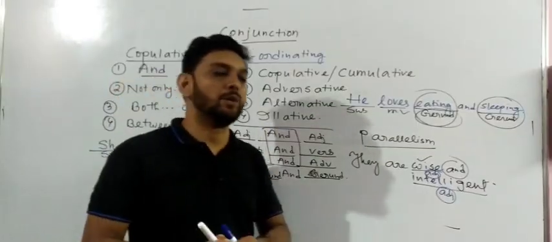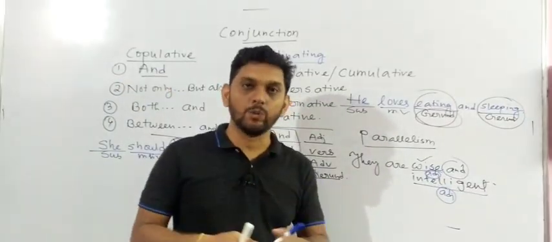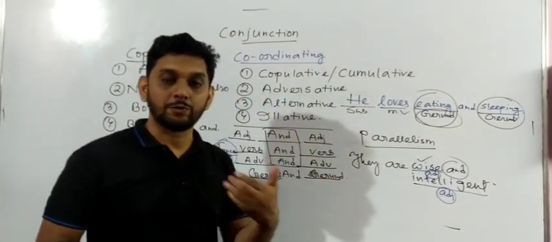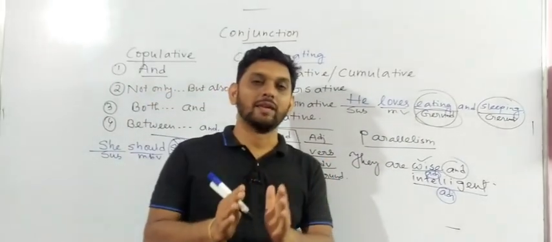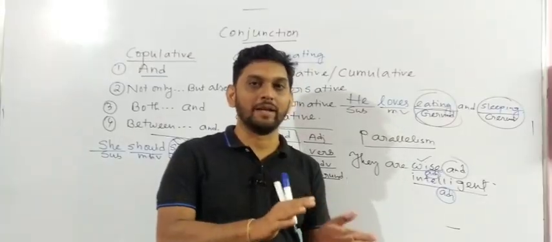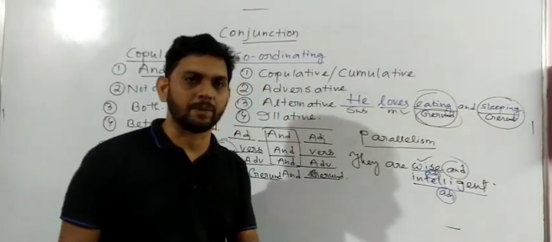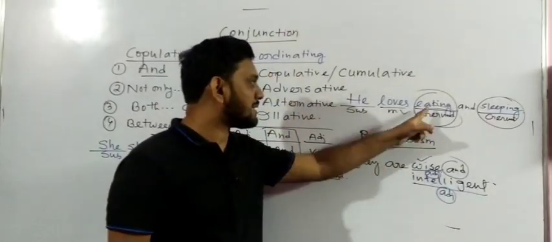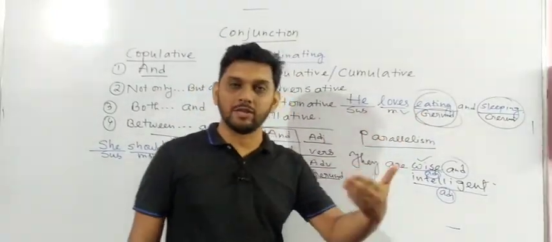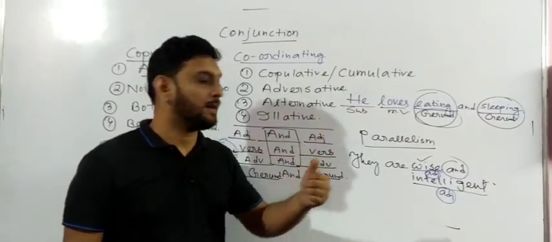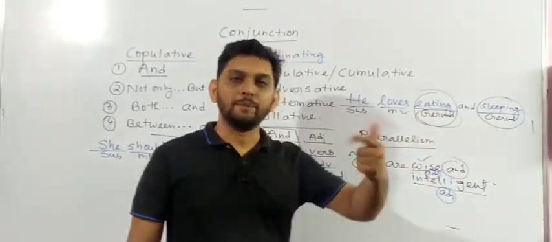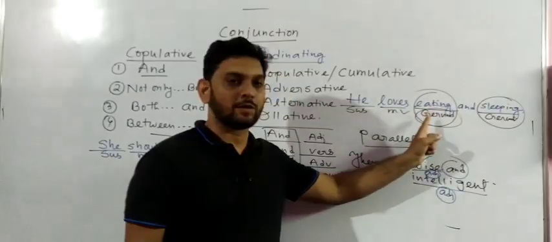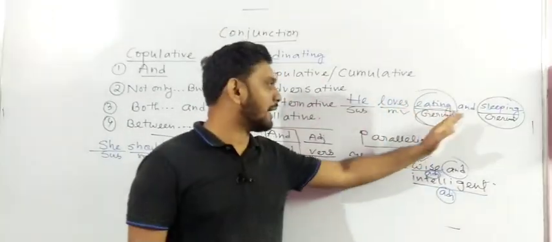Gerund means what? When we use "ing" with the first form of a verb, like sleep is the first form of a verb, when I add "ing" with the verb, it becomes a gerund, also a present participle. But here it plays the role of a gerund. He loves eating and sleeping.